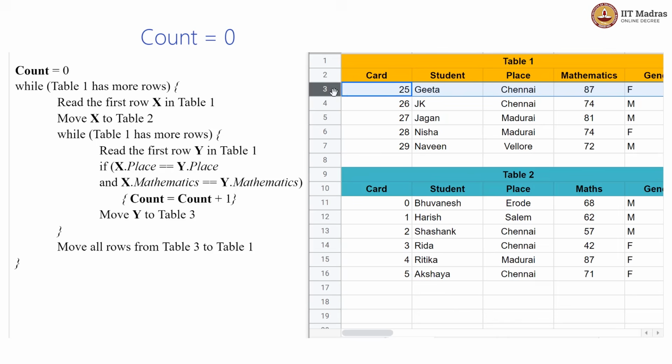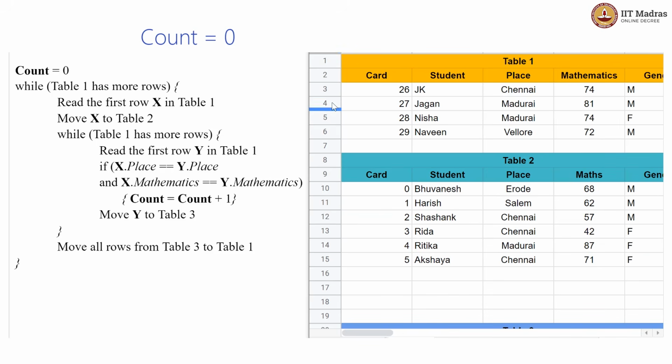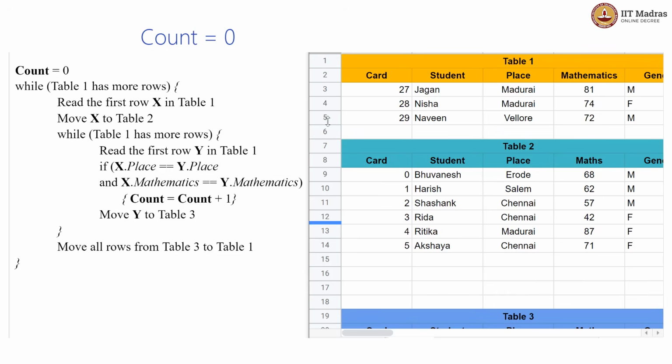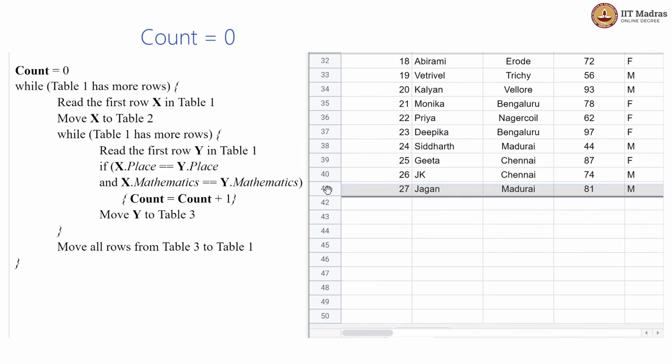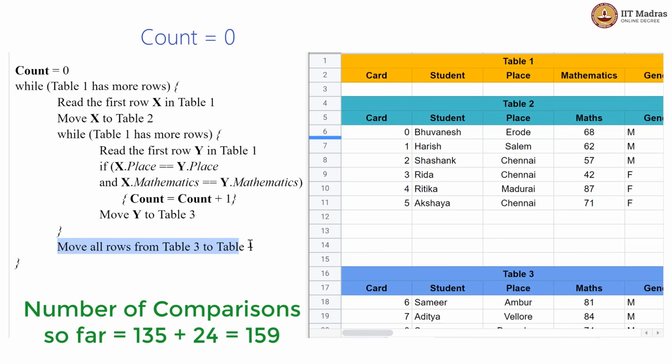Table 1 is empty now. So we move all the rows from table 3 to table 1.